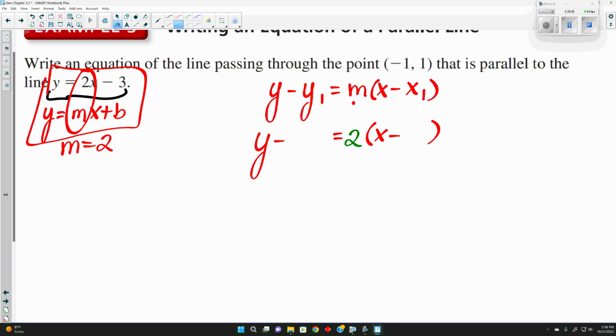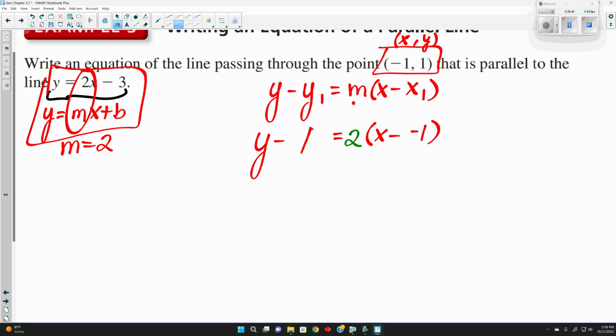Because here, since they're parallel, the slopes are the same. If they were perpendicular, the slopes are going to be the opposite reciprocal. So we would change the sign and flip it. Now they told us this goes through where? -1, 1, yes? And this is always coming in the form of x, comma, y. So I'm going to plug the x and y value in.